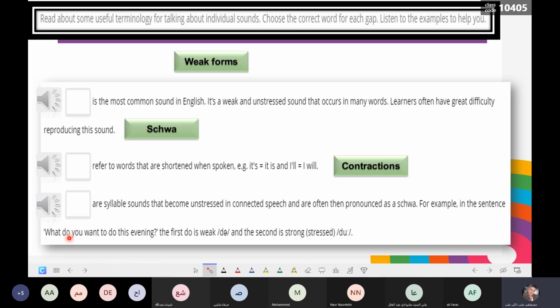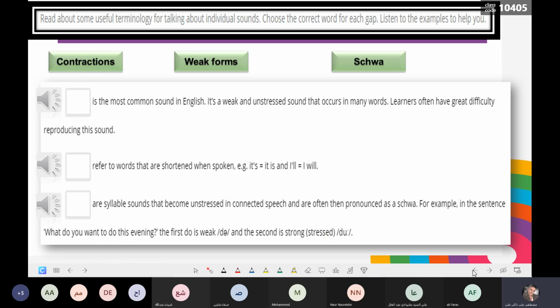When we use "do" as an auxiliary verb, it is weak. What do you? What do you do? You need to notice the difference between "do" as an auxiliary and "do" as the main verb. So I want you to listen again to the sentence.